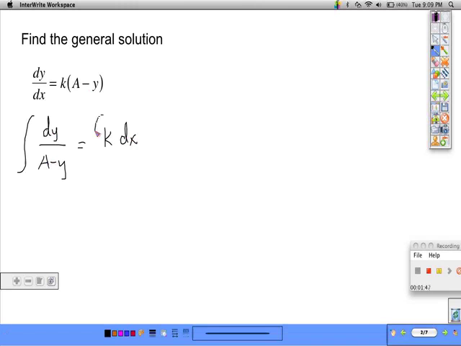K is a constant. This is what I've got. This is equal to negative natural log of a minus y equals k times x plus c. We only need a plus c on one side.